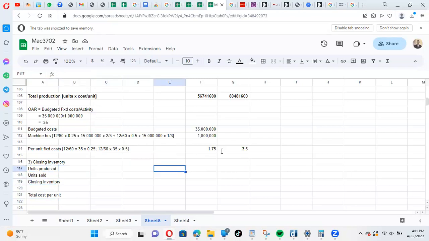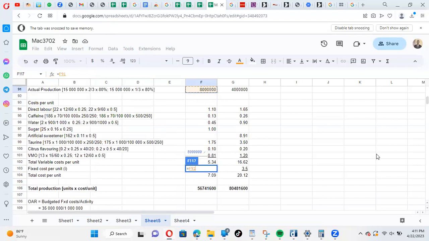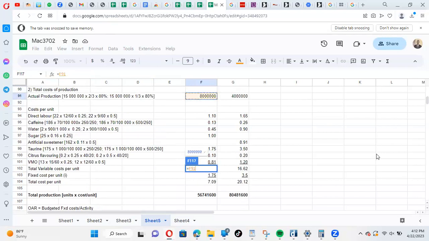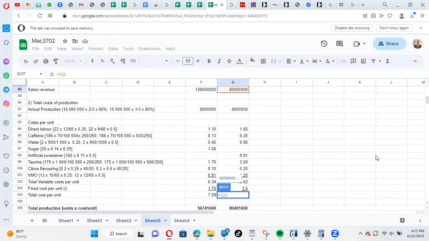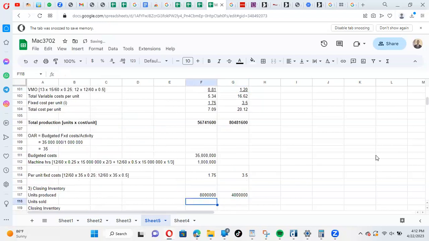So what are the units produced? So the units produced, where are they? Let's fetch them again on top there. This is our actual production. So we fetch that there and put it right there, actual production. What about actual units sold? We go up again.